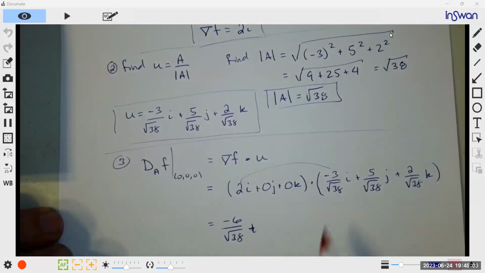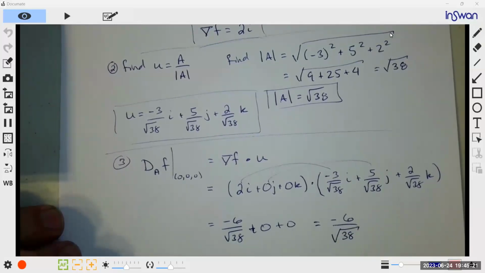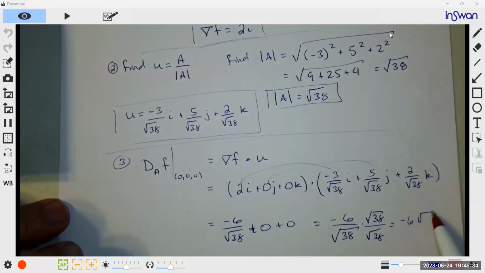We're just dealing with numbers. 0, 0. So we get -6 over radical 38. Rationalize the denominator. We get -6 radical 38 over 38.